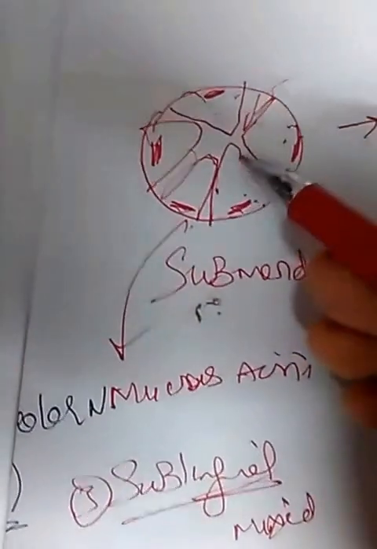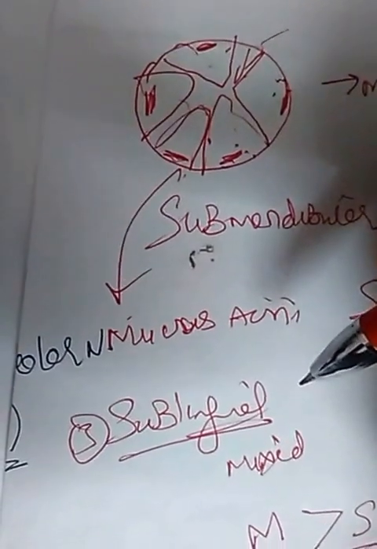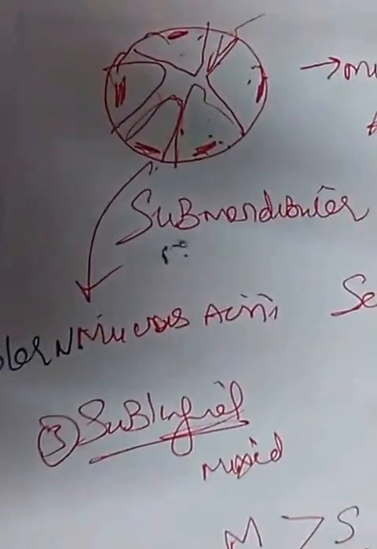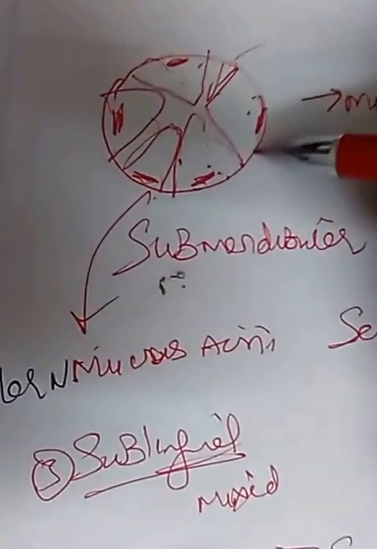It's very simple. Serous demilunes consist of both serous as well as mucus acini.